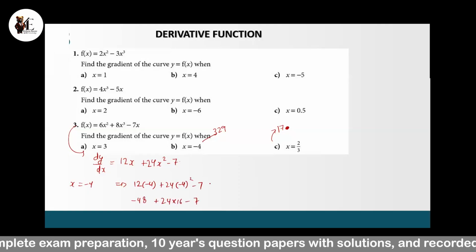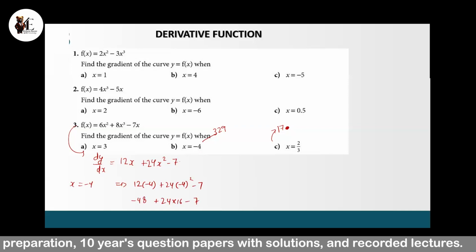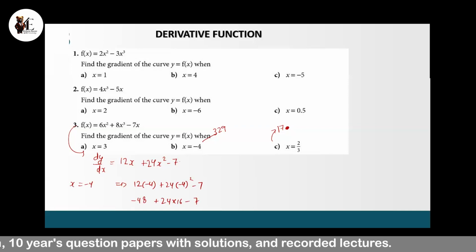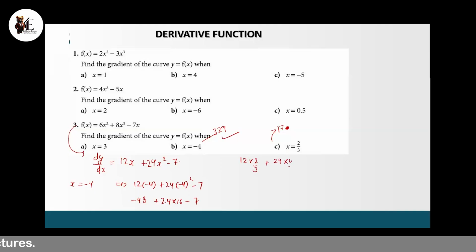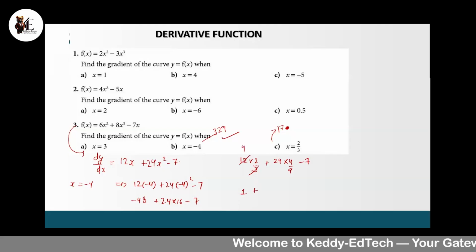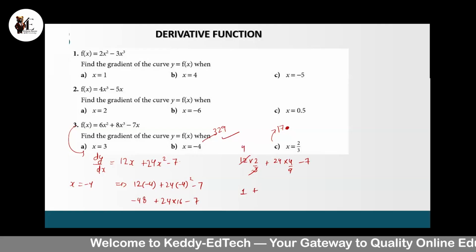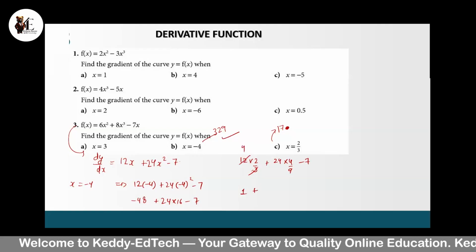If I take the help of the calculator, 384 minus 55, yes, 329. This is correct. And when x is equal to 2/3, it will be 12 into 2/3 plus 24 into 4/9 minus 7. So this will be cancelled out, and that is 67.9.